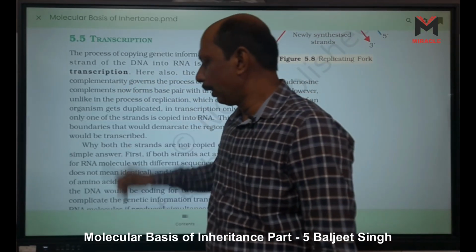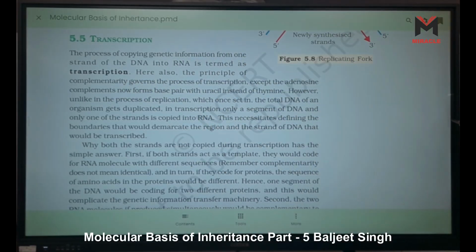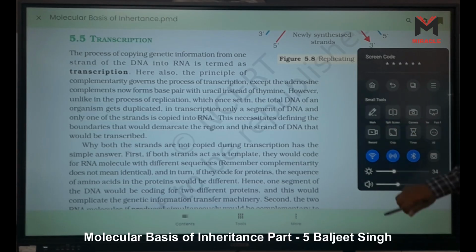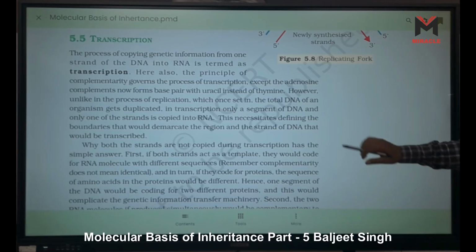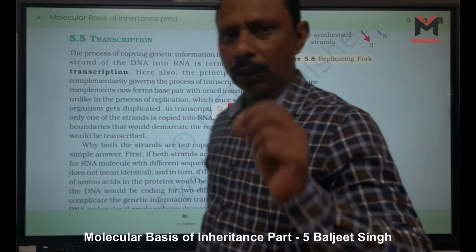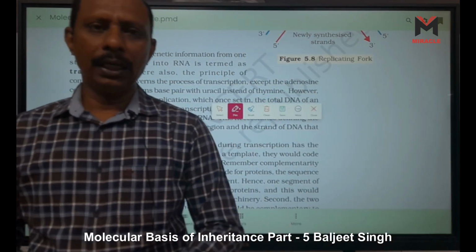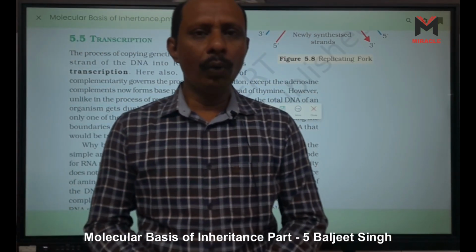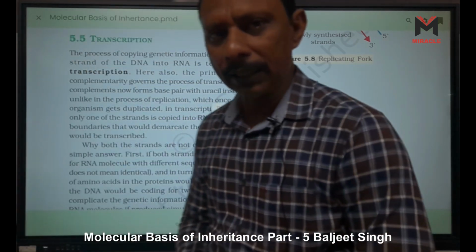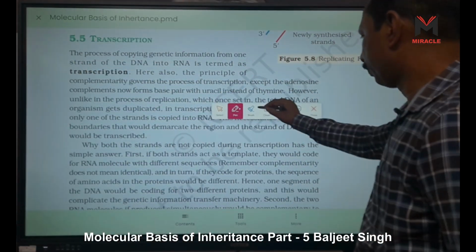strand of DNA. This transcription occurs only in one strand of DNA, not in two, right? That one strand is called the template strand, and it is the 3'5' strand, right?